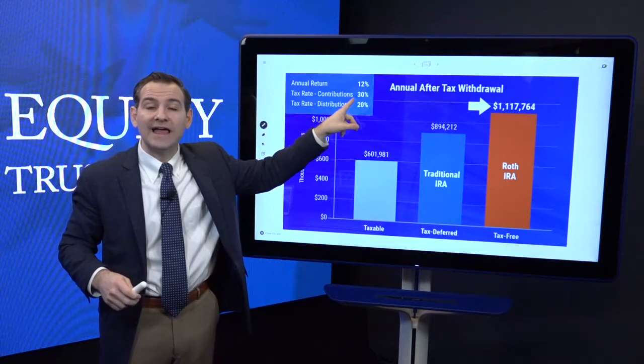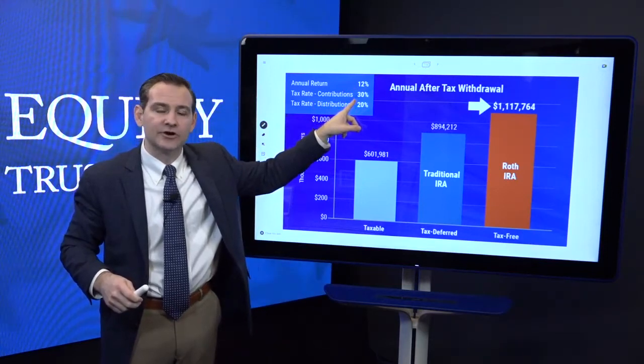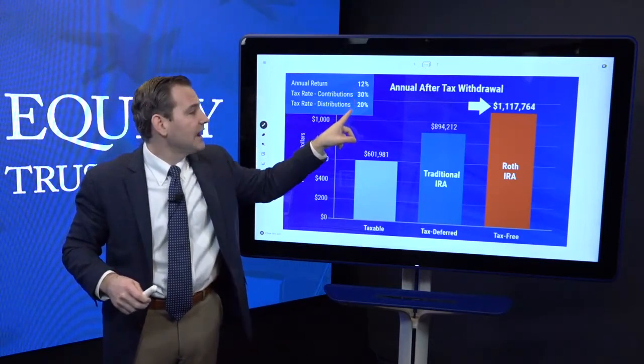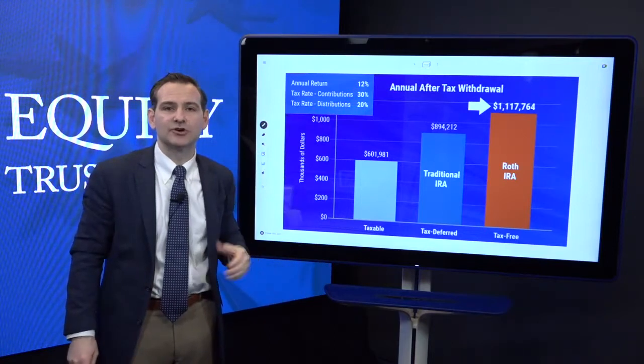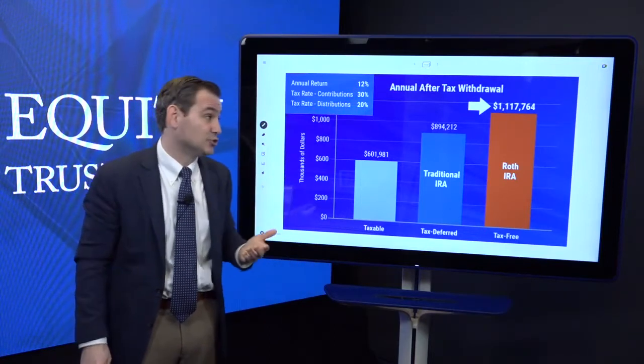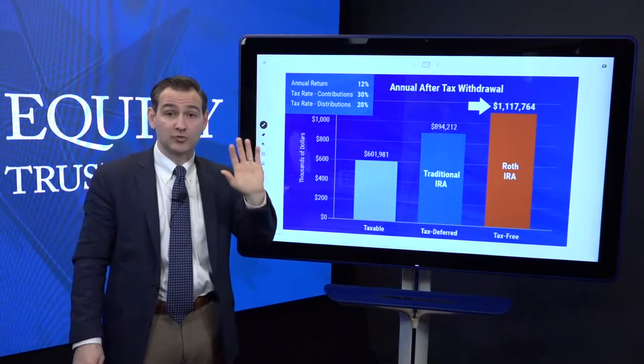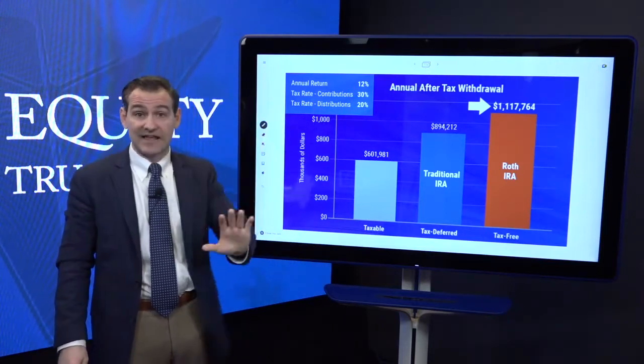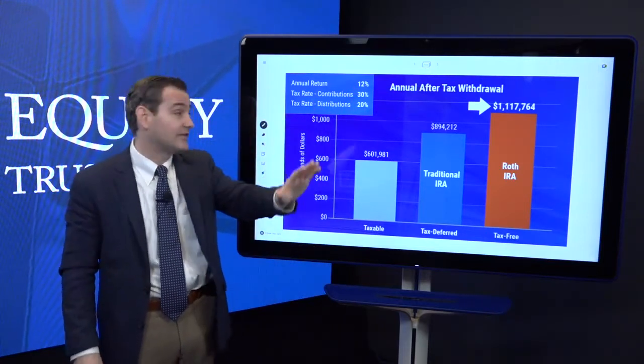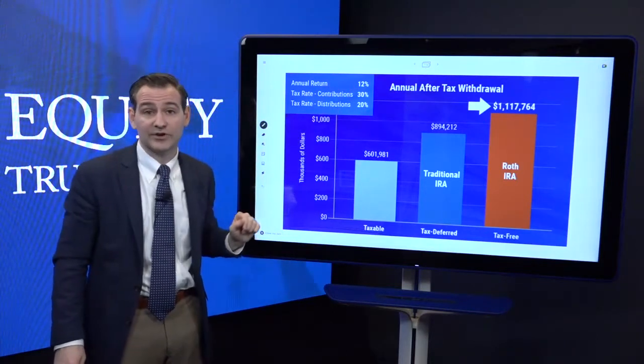I'm going to apply a tax rate of 30% during my years of contributions, and then a 20% tax rate during my year of distribution, which will all occur 25 years from now. So again, $6,000 going in every single year for 25 years, earning 12% per year.